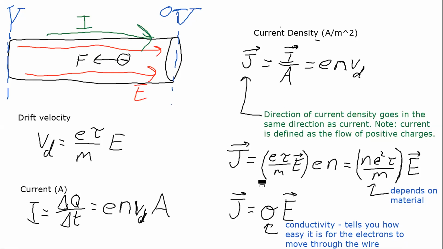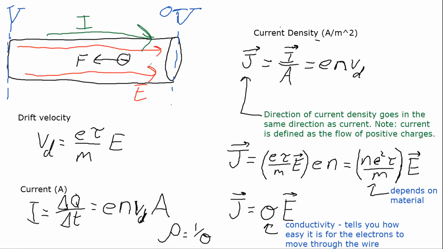The flip side of that is something called resistivity. Let's see, where can I fit that in there? Okay, so resistivity there.